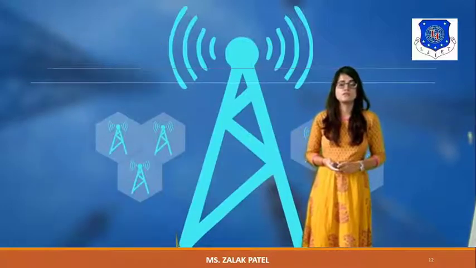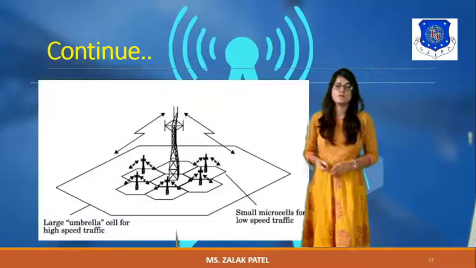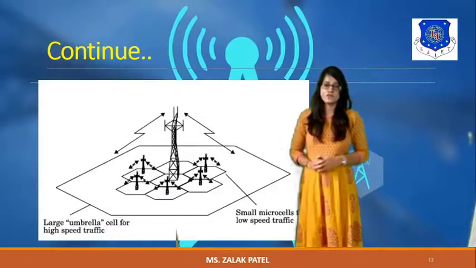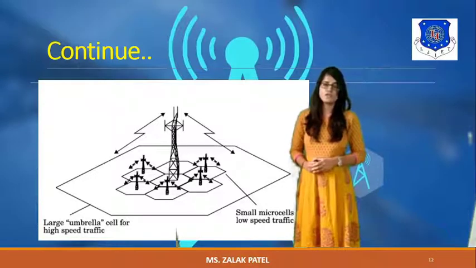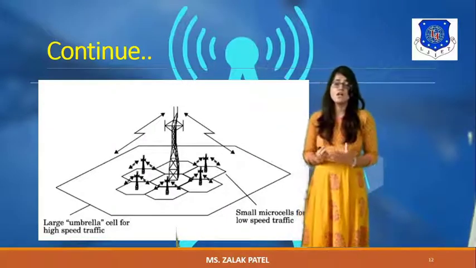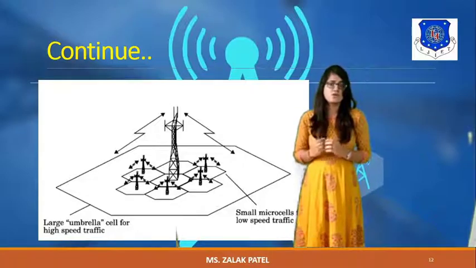So for this, consider this figure. Here you can note that the larger cells are for the high velocity users, and the smaller cells are associated with low velocity, or where the traffic requirements are less.